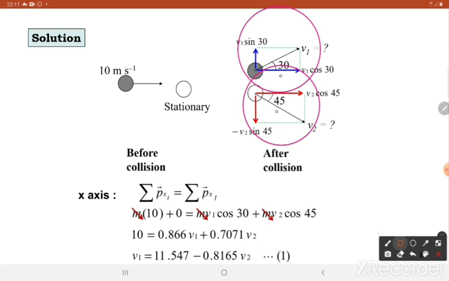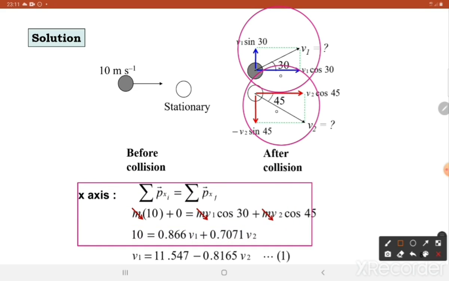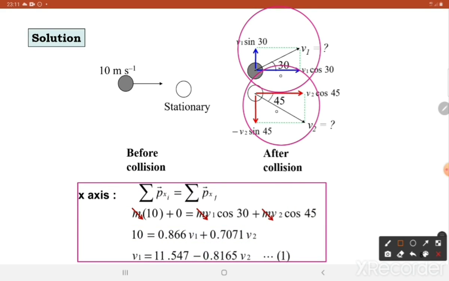And then you apply the principle of conservation of linear momentum along the x-axis. And finally, you will get the first equation, which is v1 is equal to 11.547 minus 0.8165 v2. For this case, the values of m1 and m2 are not given, but you are given in terms of m.